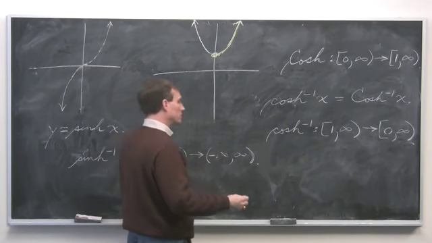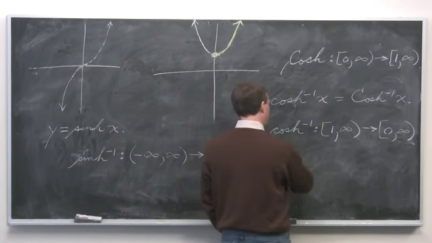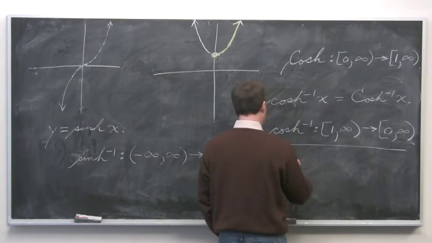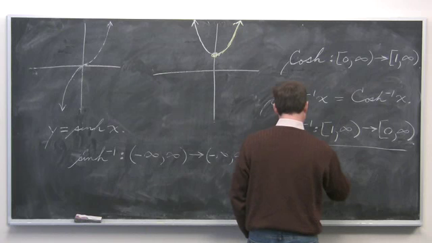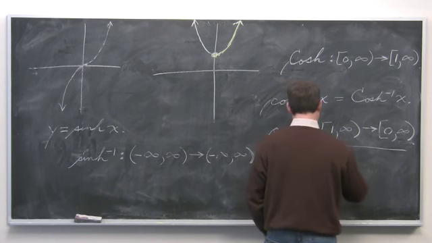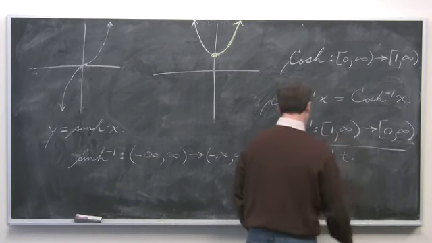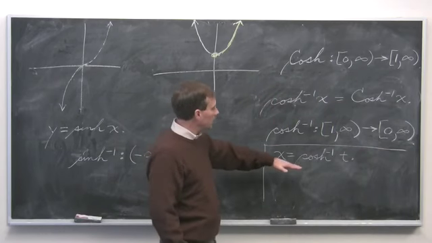So what does this mean in practice? What does it mean to say that x equals inverse hyperbolic cosine of t?